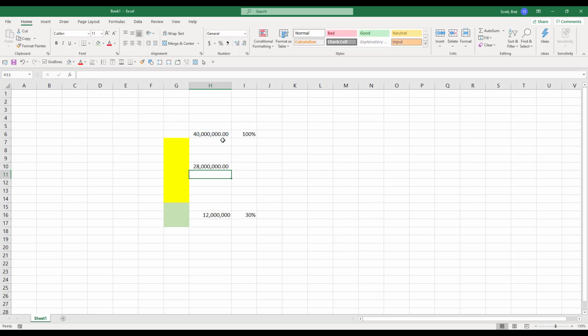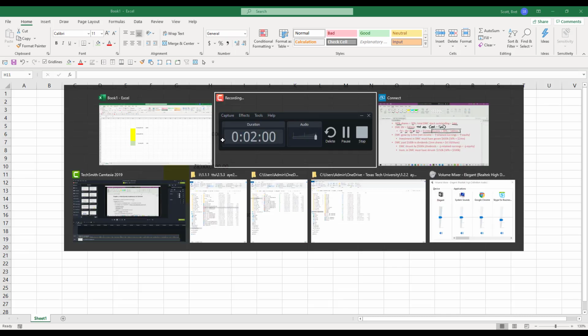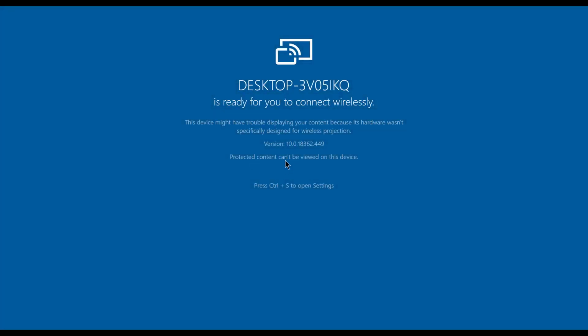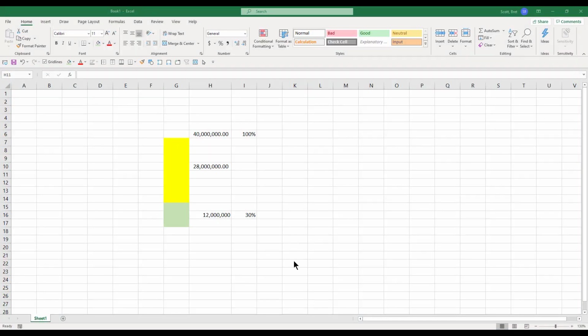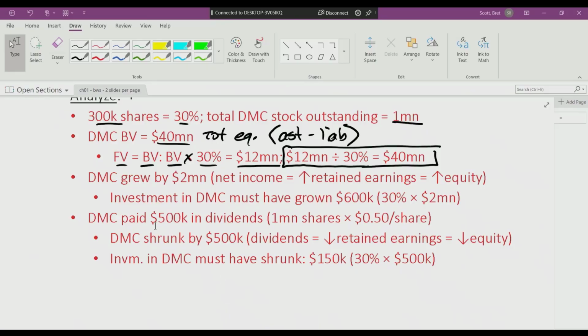It's just good to know that. Now going back here, that's how I came up with that little equation down there. This is just part of the analysis.